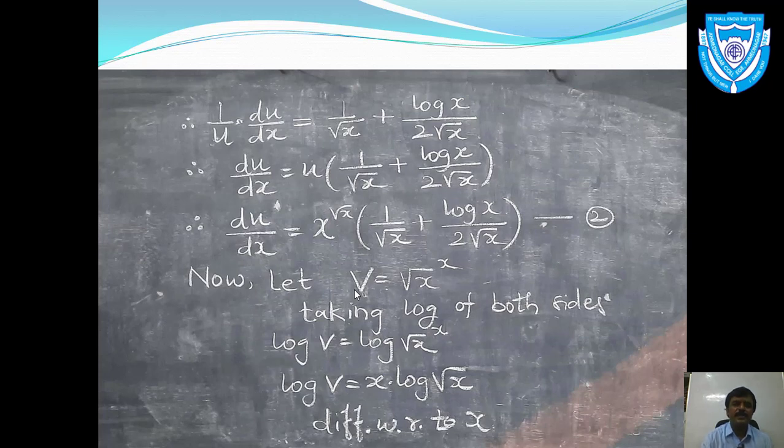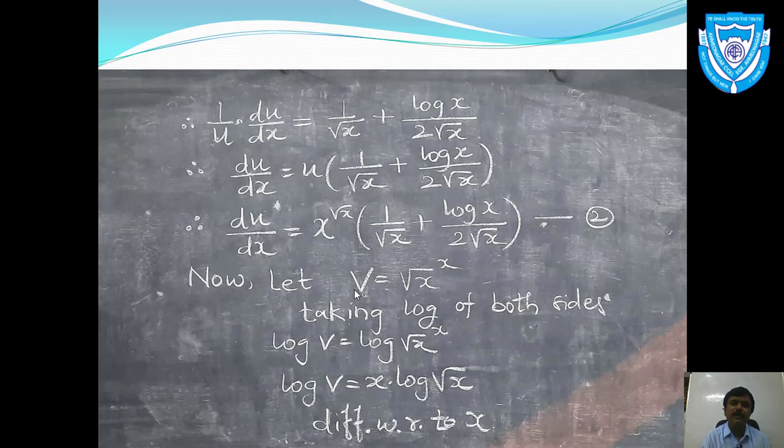So in the next step we'll shift u to the right hand side. Of course we'll keep it outside the bracket. So we got du upon dx is equal to u into the bracket 1 upon root x plus log x upon 2 root x. In the next step we'll replace u, we'll put the value of u as x raised to root x.